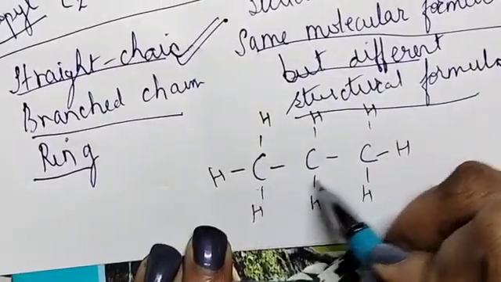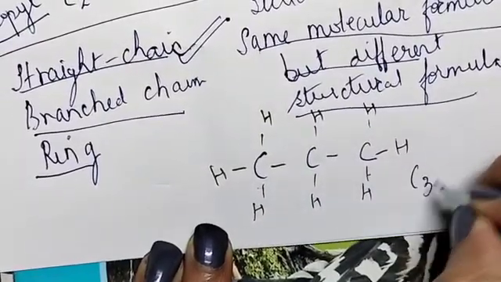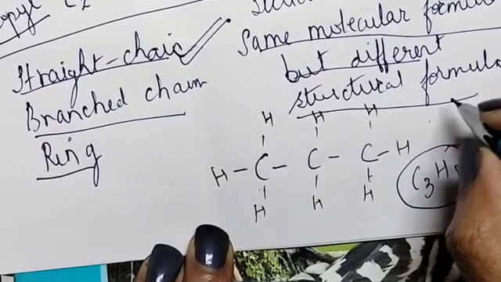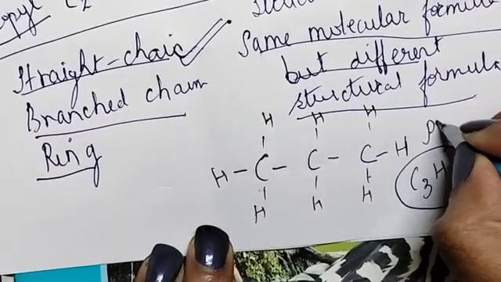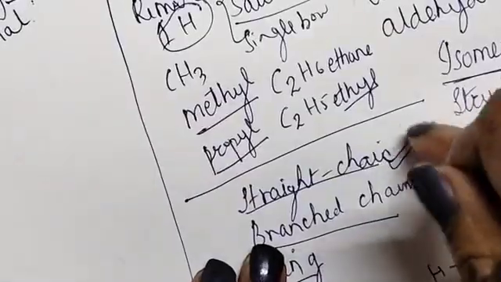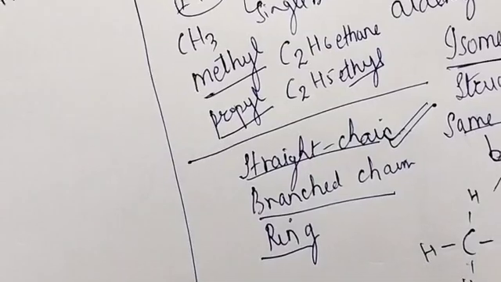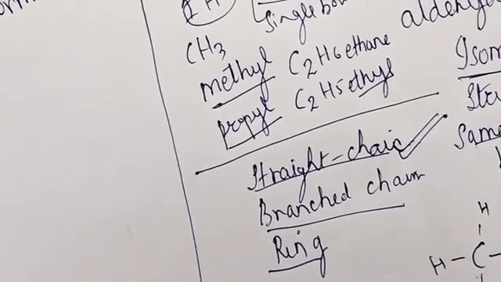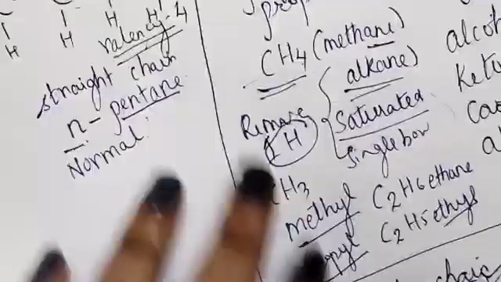Okay, and I can see all the carbon in a straight line. So this will be called a straight chain structure. This structure I've done is for propane. Okay, so the first one is very simple. When you are given a compound, all of them in a straight line, they will be called a straight chain structure. Now we're going to do the second type.